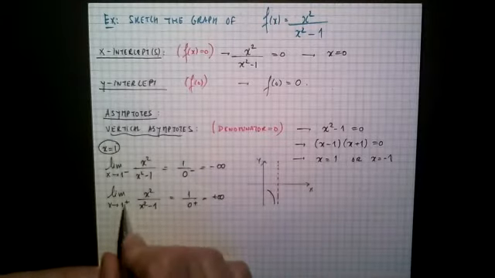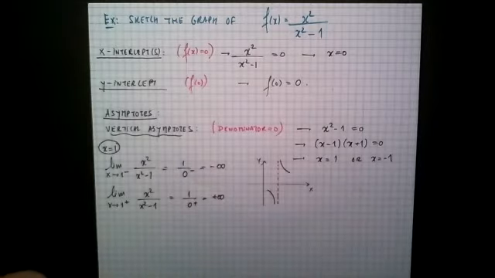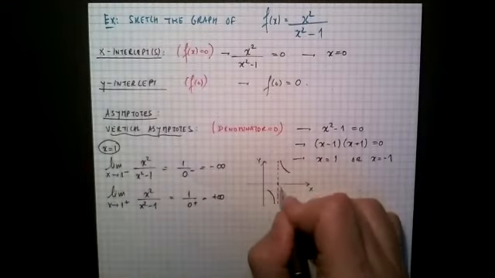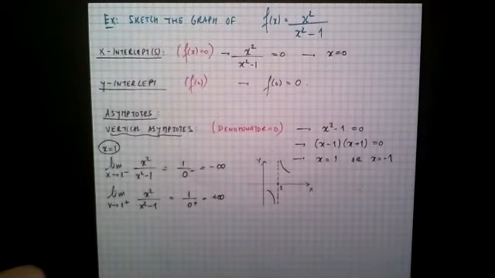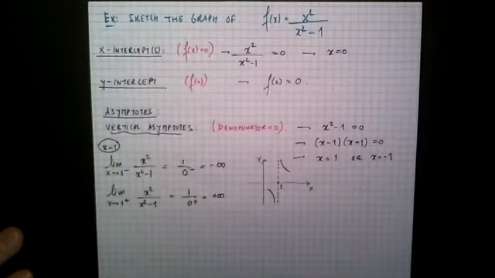And if I approach 1 from the right, I'm getting close to positive infinity. So that's what's happening at 1. Any questions? Okay, let's go.